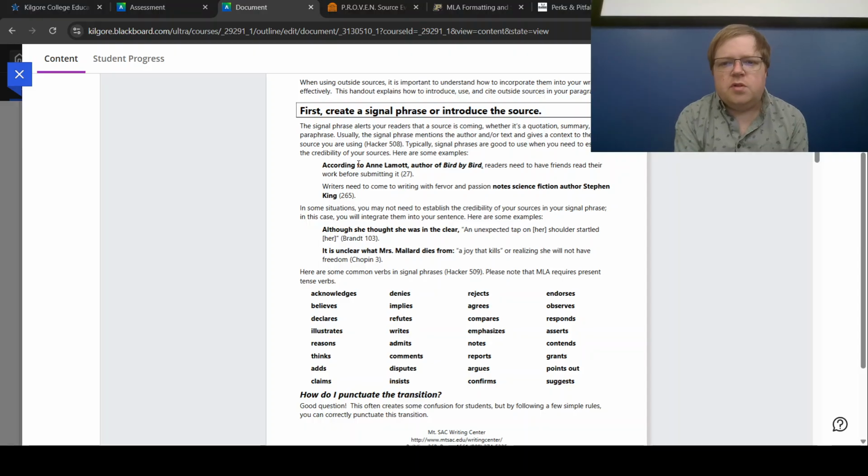But what this part is talking about is citing your sources in the text. You're going to have 2 different citations. One will be in your works cited at the very bottom of the page, but every time you use a quote or a fact from your source, you're going to include an in-text citation, and you may mention the author and where it came from and stuff like that.